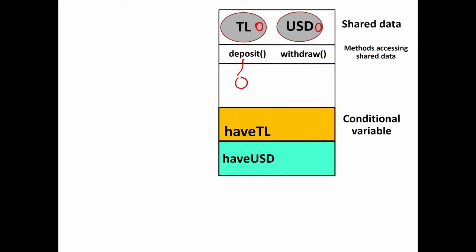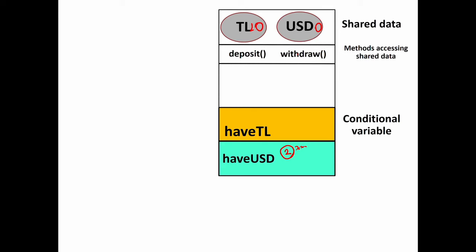If the first guy wants to deposit, he would maybe deposit 10 lira and then get out. Then the second guy, number two, comes and wants to withdraw some US dollar. We don't have any, so he will be blocked and will sleep on a different condition, here in number two.